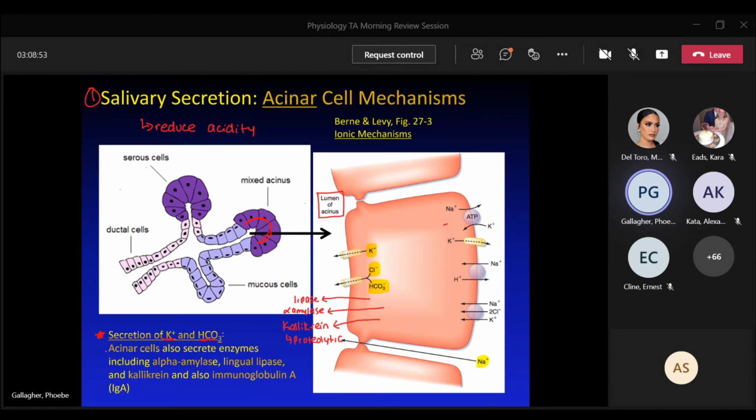Another thing to take away from the acinar cell secretions is that alpha amylase, lingual lipase, and kallikrein and IgA are also going to be excreted from the acinar cells. This is your primary secretion. So attribute primary with acinar cells with these secretions here, and that is also isotonic.